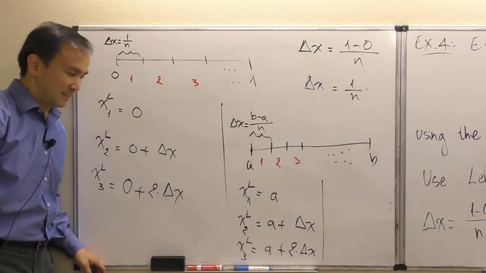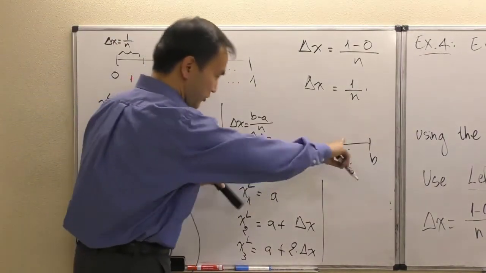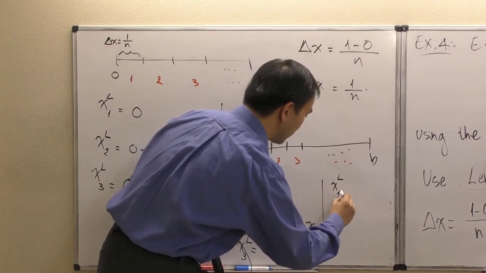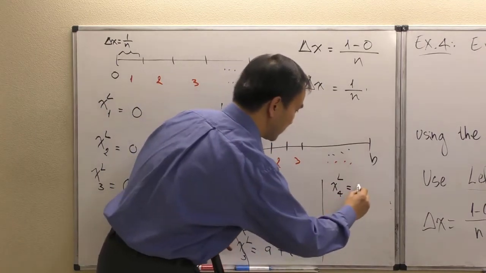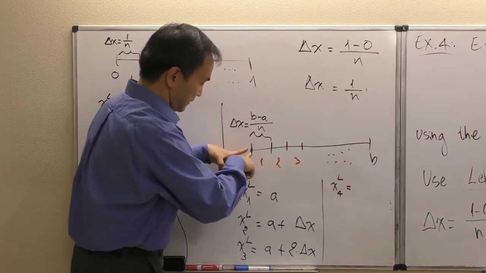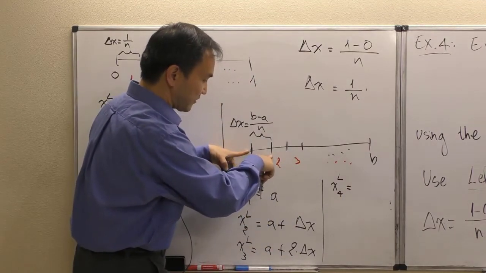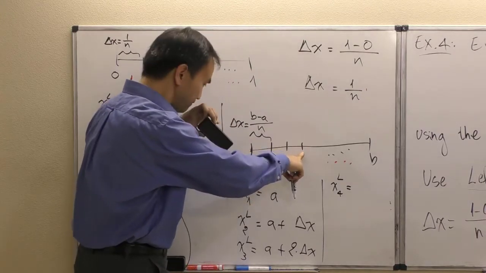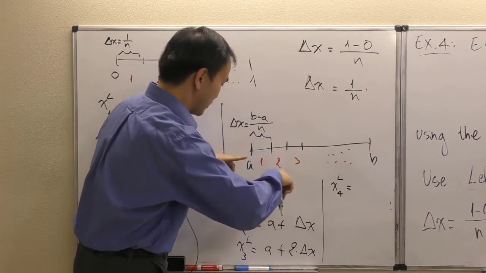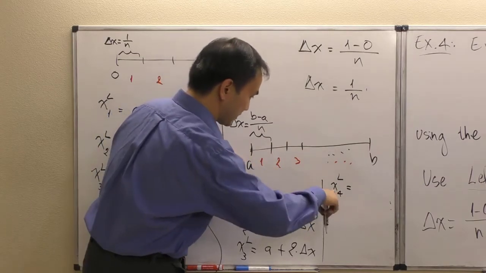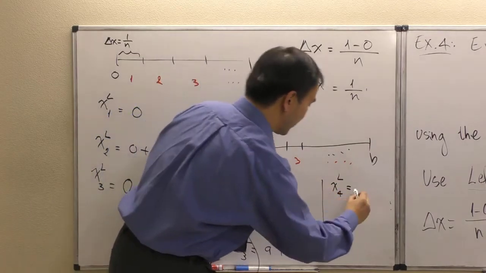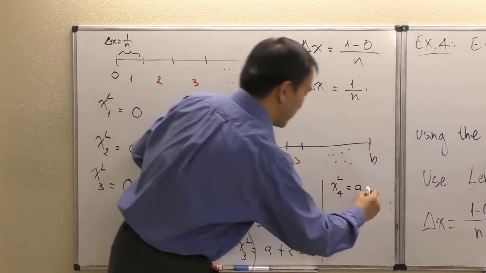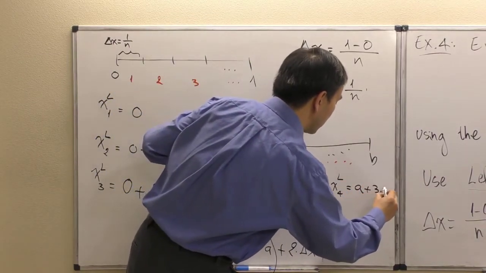Okay? And so now in a general case, when we move on to the left endpoint on the fourth interval, this is our first left endpoint, this is our second left endpoint, this is our third left endpoint, so this is our fourth left endpoint right there. That means the left endpoint on the fourth interval is from the starting point of the total interval, and we add 3 times the delta x.